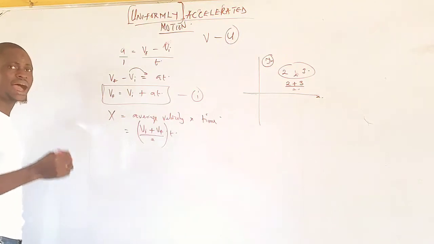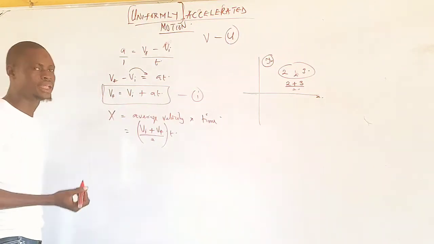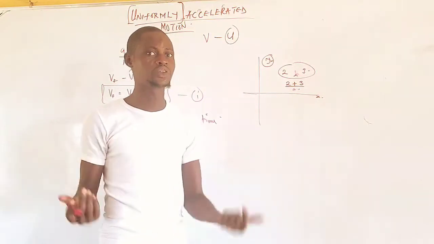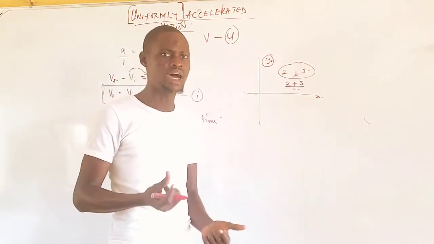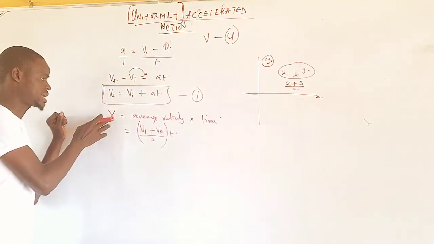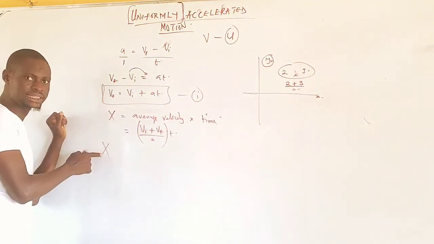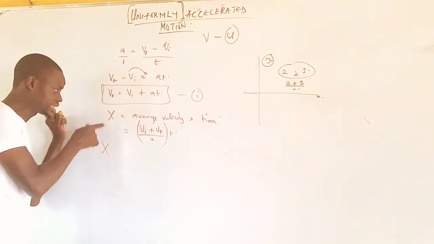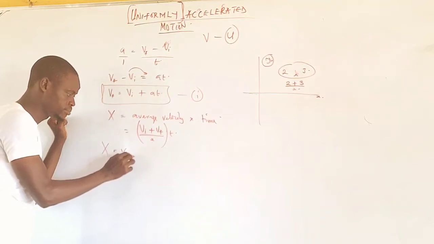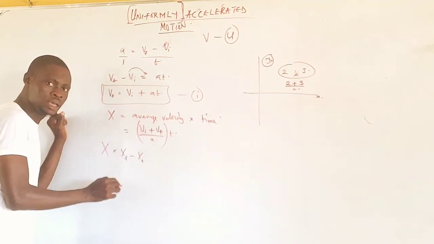So I can easily say that the body might not even start from the origin. Note that. That is the confusion that a lot of us always make. If the body is starting from the origin, then I can have this as my total distance. But note that this x is simply final distance minus initial distance. Are you getting me?